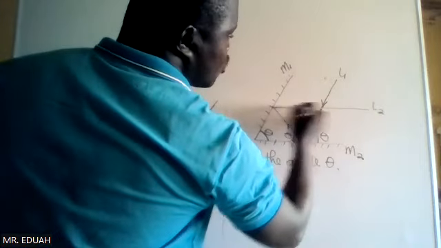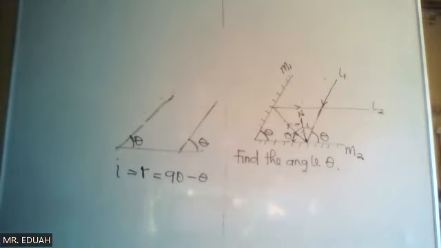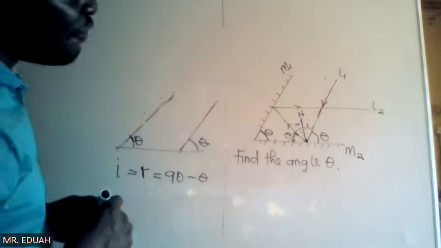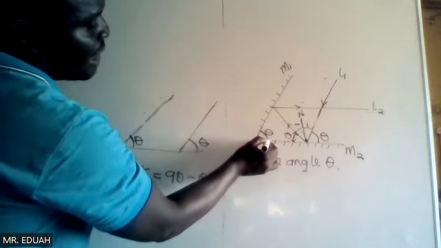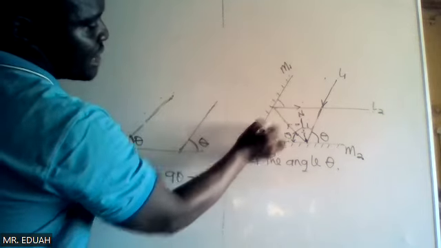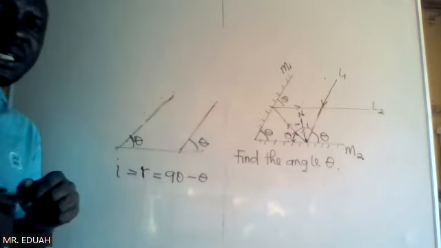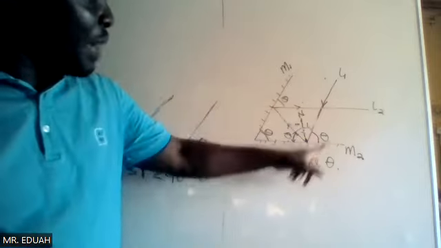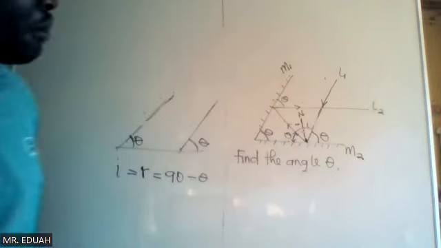Then let's come here. The ray 2 is also parallel to M2. If ray 2 is parallel to M2, then this slope must be the same as this slope. So if this is theta, this is also theta. I'm basing the two analyses on the fact that ray 2 is parallel to M2 and ray 1 is also parallel to mirror 1.